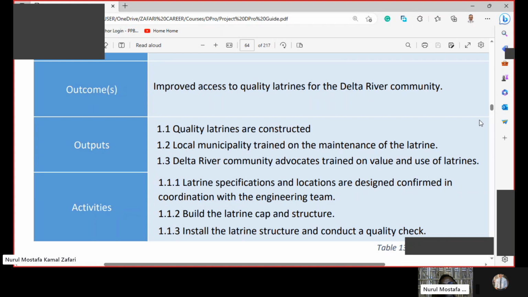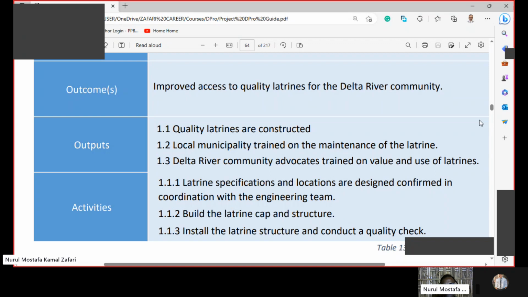If I want to achieve or hold true output number 1.1, I need to finish these three activities. If I finish these three activities, I hold output 1.1 true. Now, outputs. Output 1 is quality latrines are constructed.